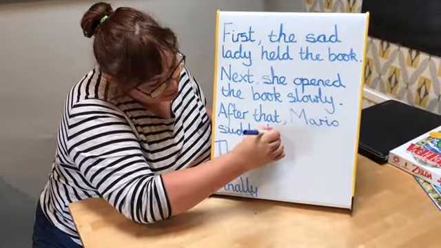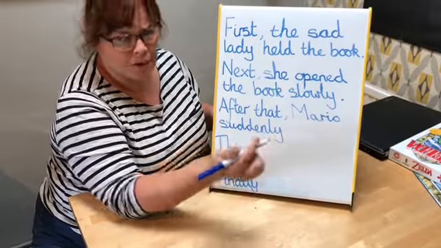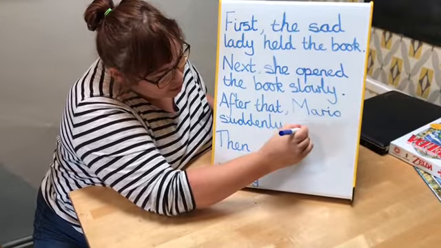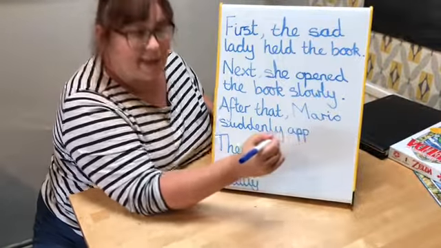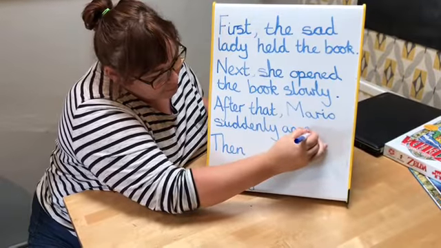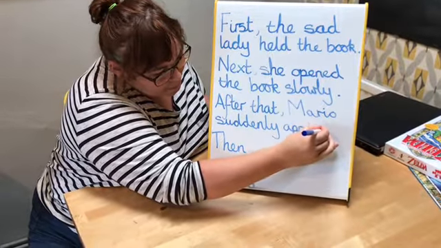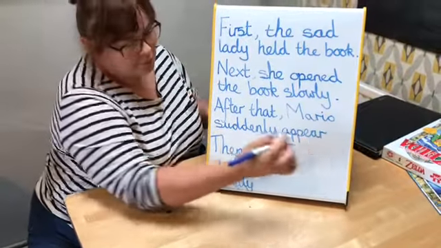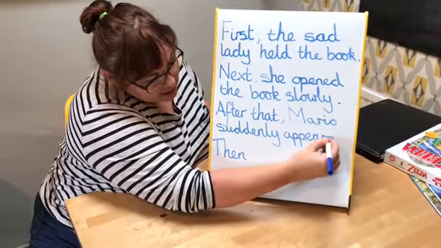Appeared is quite a tricky word. I'm going to break it down. App. Like an app I might have on my phone. Ear. It's in the past tense, so appeared. I know I need that ED.